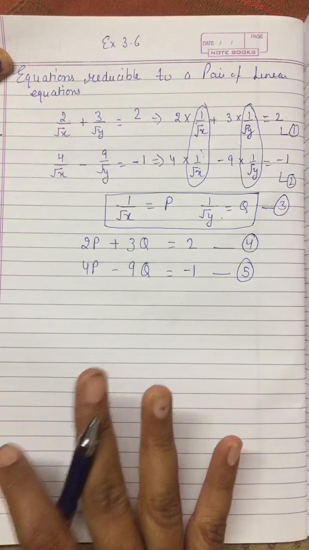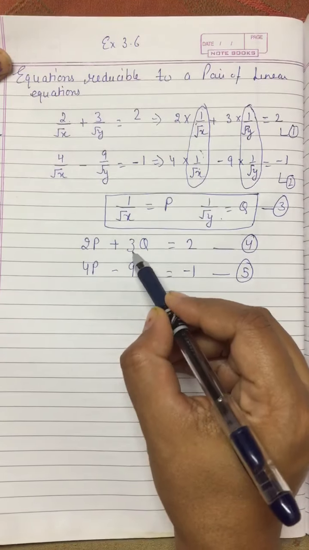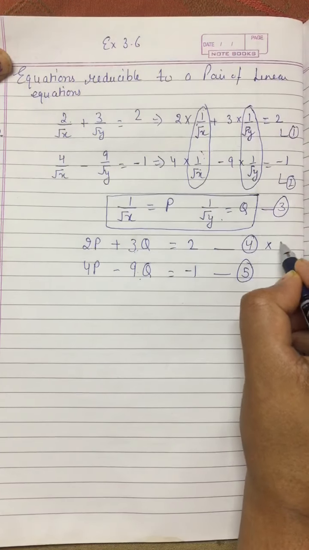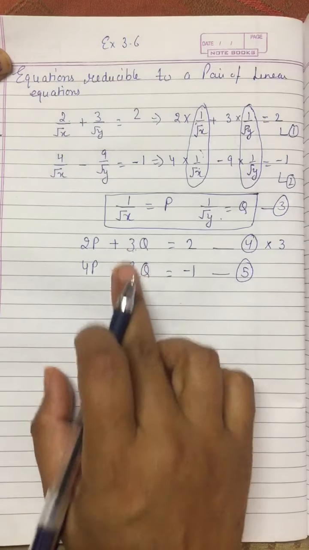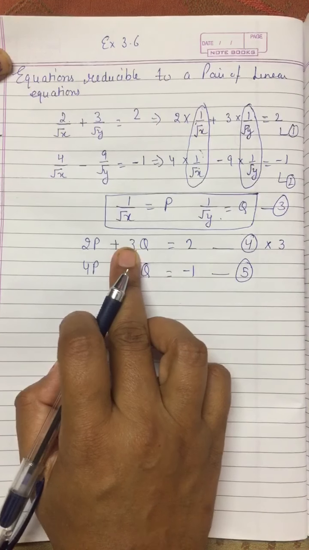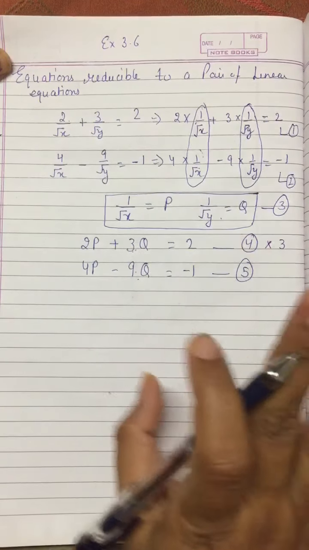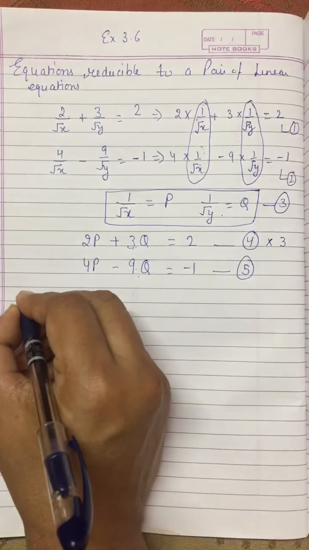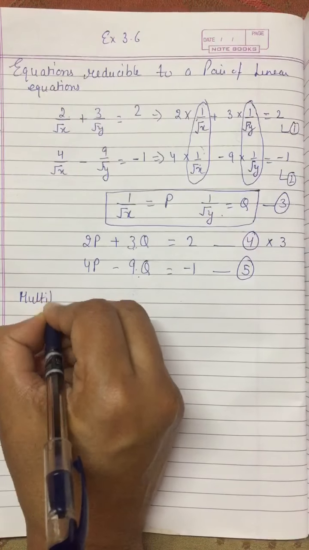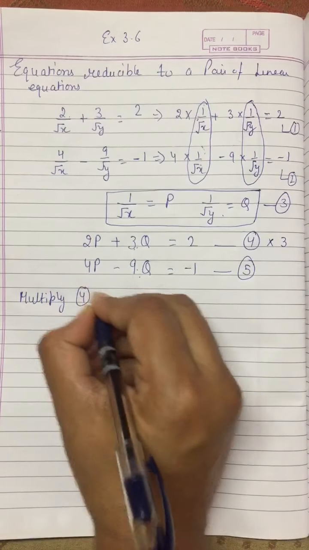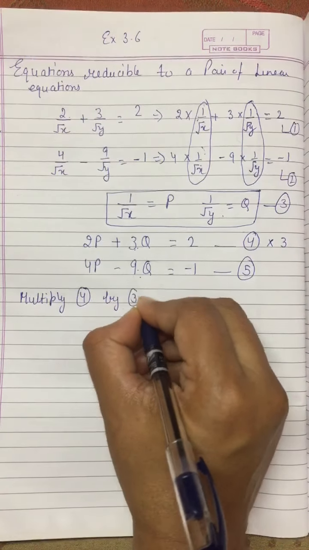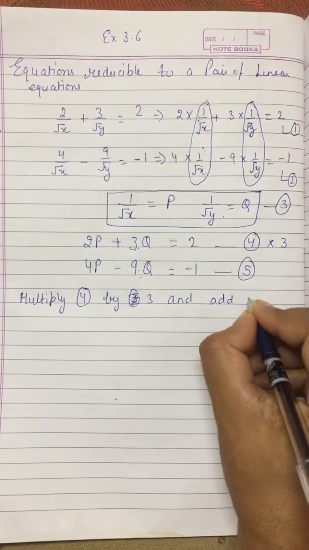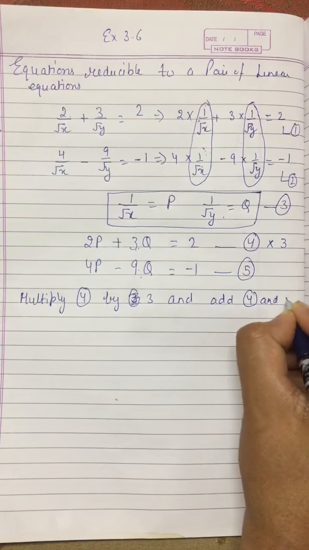Now I can solve these two equations by substitution, cross multiplication or elimination, but I think the elimination method is easy here. Check the two parts, 3q and 9q. If I multiply the 4th equation by 3 and add, the 9q terms will cancel out. So I will multiply equation 4 by 3 and add 4 and 5.